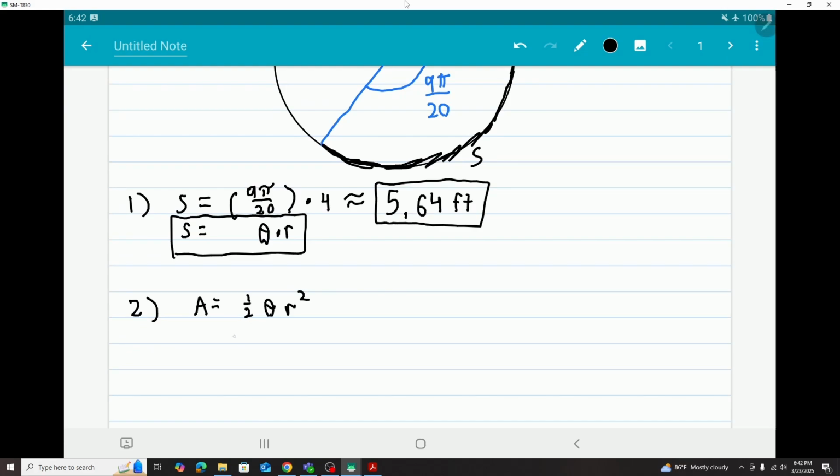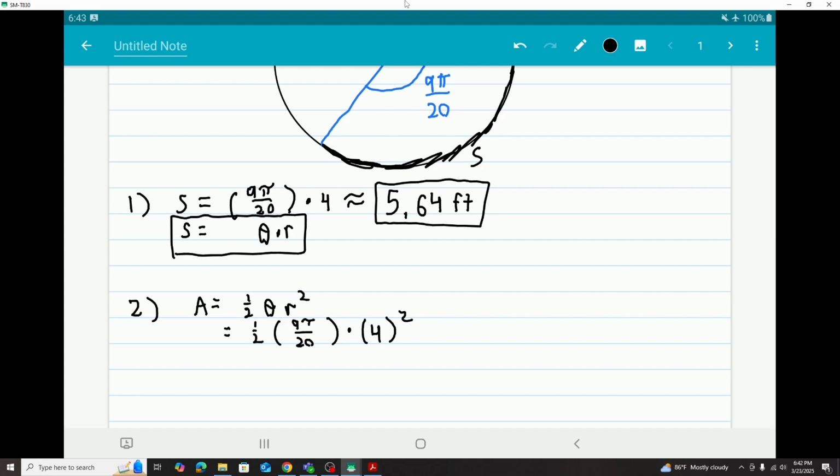Okay, so here though, same story. 1/2 times 9 pi over 20 times here our radius is 4 squared. And we could do some simplifying here, but we're going to have to put it in a calculator and simplify anyway. So there's no real reason to simplify if I'm going to make the calculator do all the work to begin with.